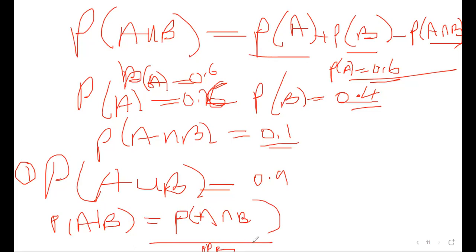So A intersection B is what? 0.1. And the probability of B is what? 0.4.